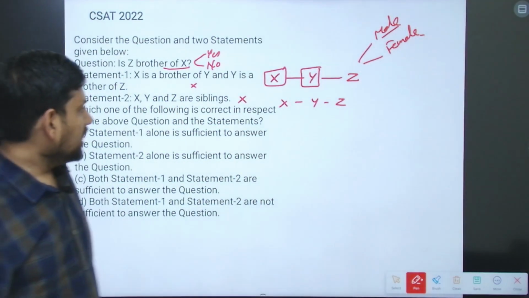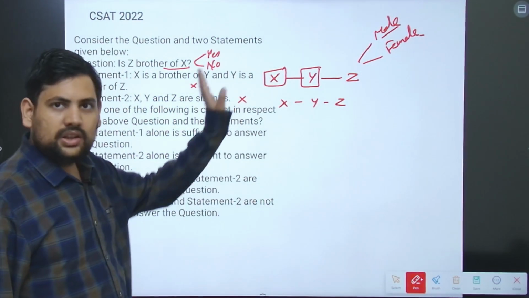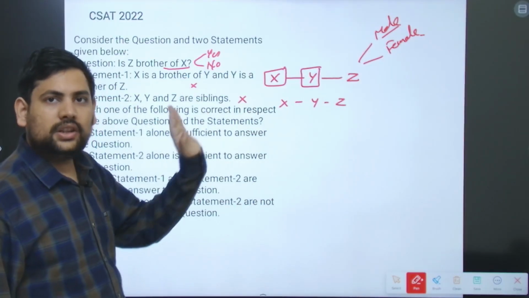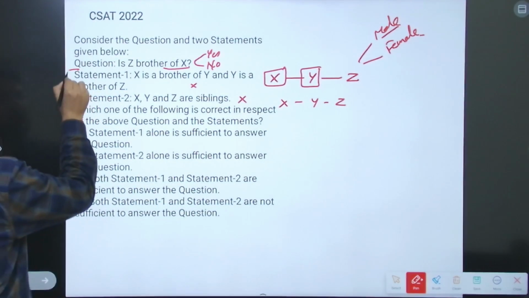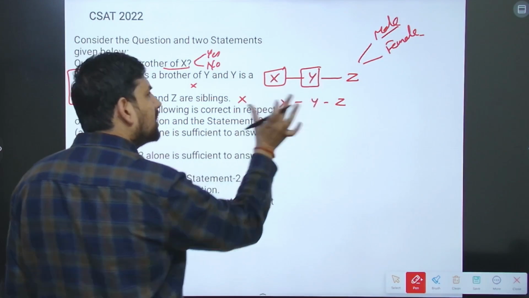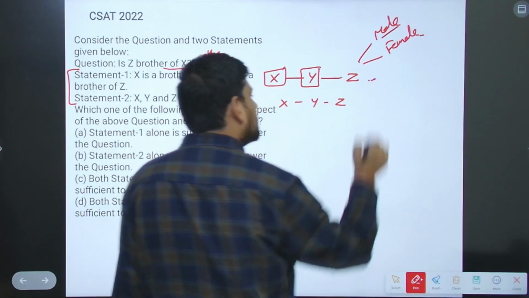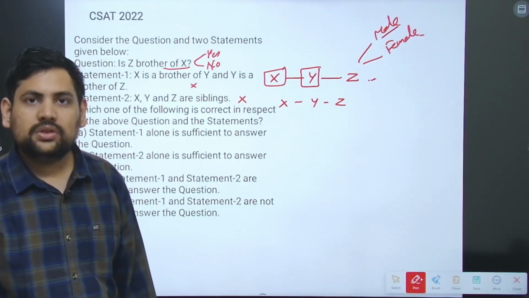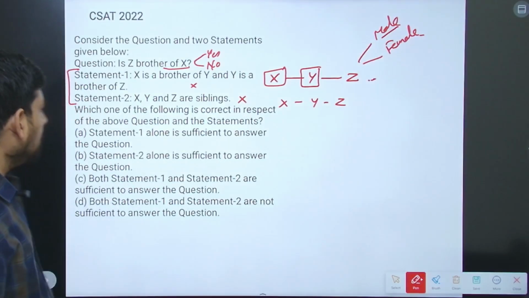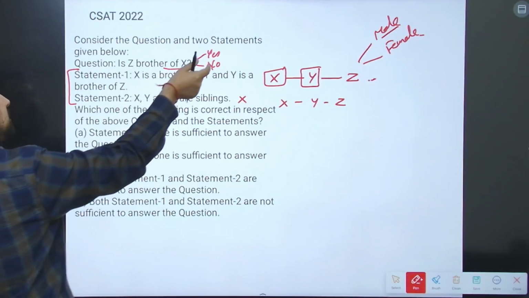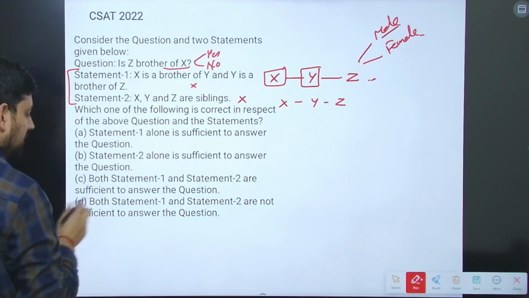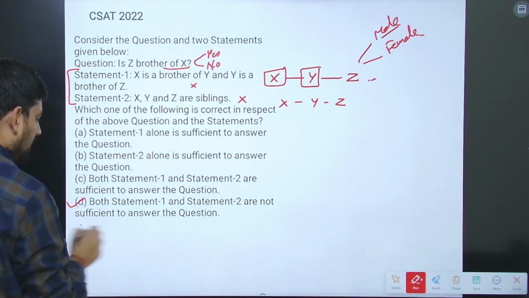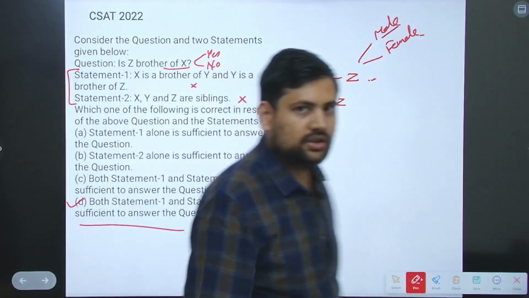Then even if I use both the statements, 1 and 2 are not enough alone, but even if I use both of them, then also I have this same relation. I still don't know the gender of Z. Till that time that I don't know the gender of Z, I cannot tell this as a definite yes or a no. That means even both statements together are not sufficient to answer the question.